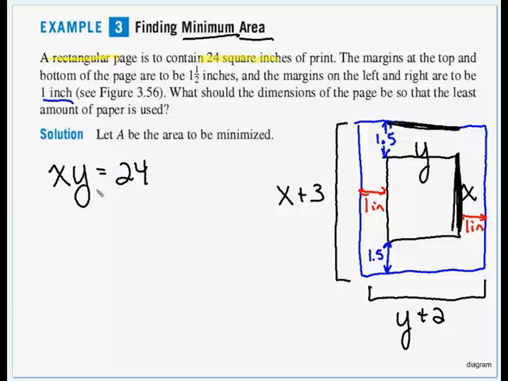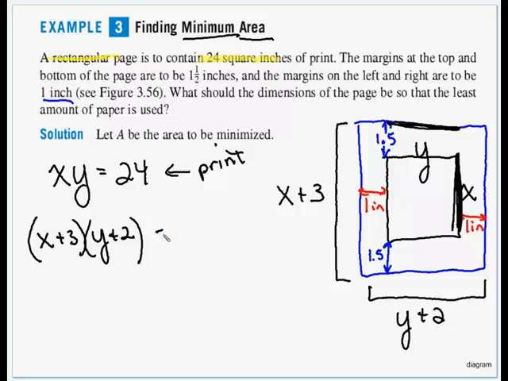So remember, this X times Y is 24 is the area of the print. These lengths and widths, X plus 3 times Y plus 2, are the area of the page. So the top is the print, the bottom one is the page.